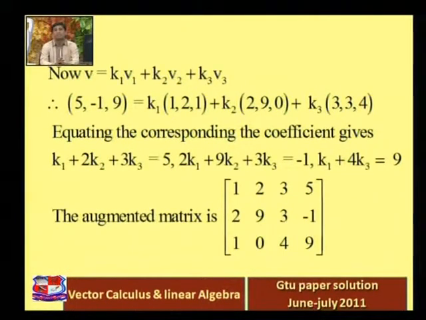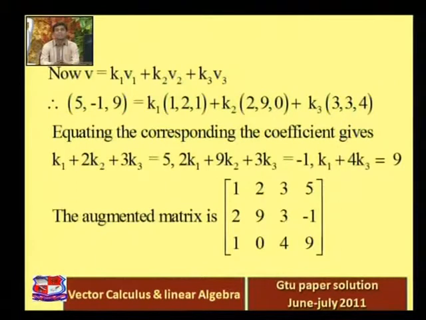So to solve these three equations, we use an augmented matrix. The augmented matrix is [1 2 3 5; 2 9 3 -1; 1 0 4 9].